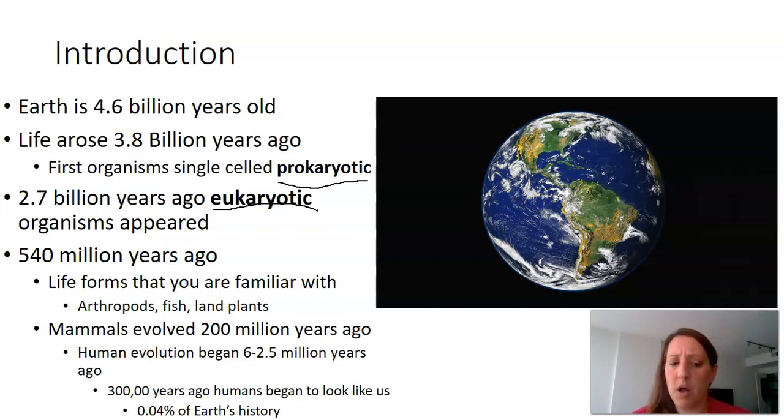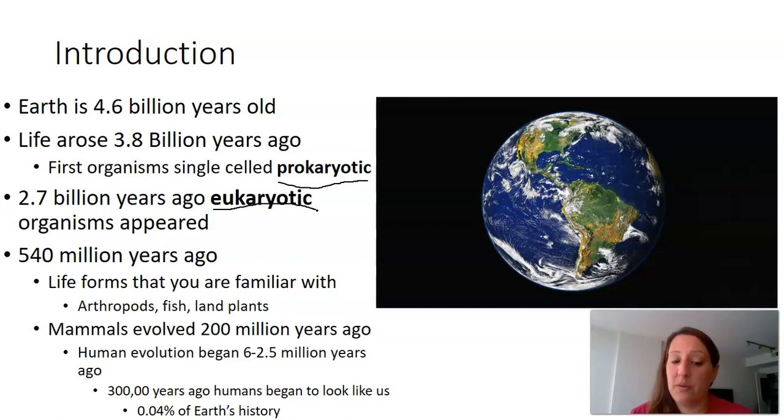These started off as small mammals, and then more complex forms of mammals started to evolve over the years. We believe that human evolution began somewhere between 6 and 2.5 million years ago. The fossil record, again, provides evidence for this, but we're unsure. That's a pretty wide time frame for exactly when human evolution started.